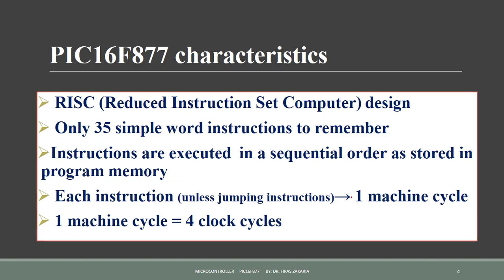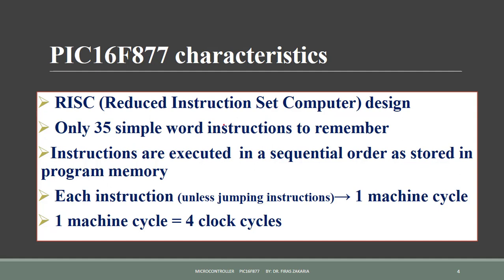This PIC has high performance RISC CPU. It has a reduced instruction set computer design. So the central processing unit on the existing architecture supports only a smaller 35 instruction set.